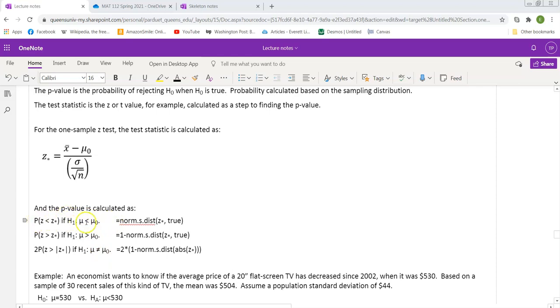So the p-value for mu less than mu naught is going to be the probability that z is less than the test statistic. And if you remember the way we find the probability that z is less than something is NORM.S.DIST in Excel with the value we're looking for, comma, true.